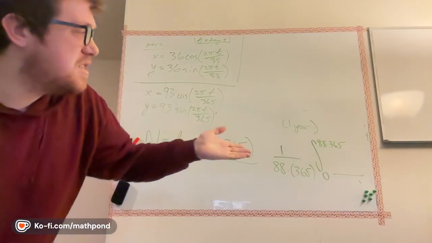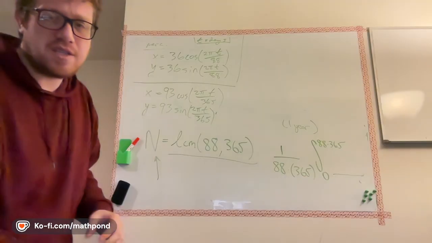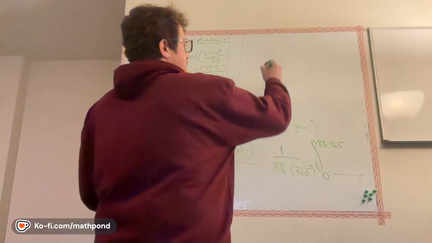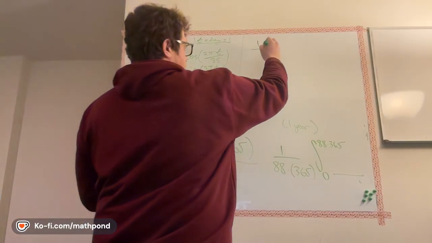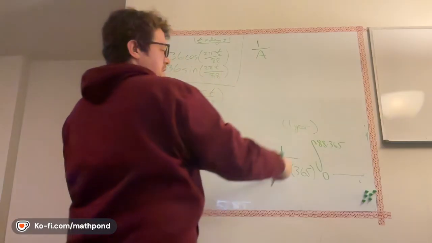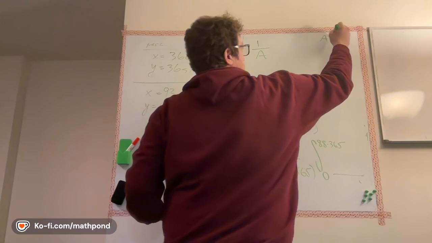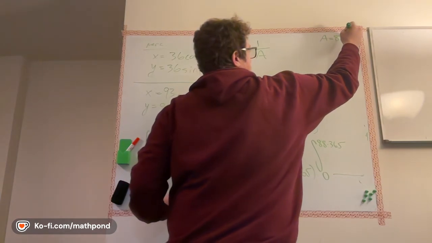So are we able to integrate it at the end, or is this something that you just need to approximate? I'll just put A here. A is equal to this product, so 88 times 365.